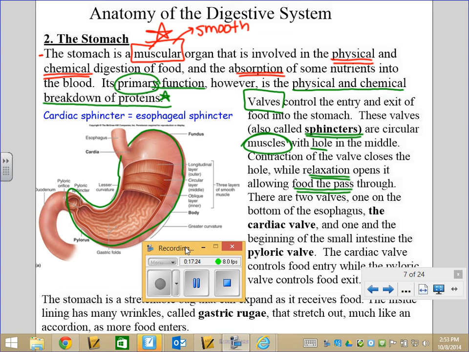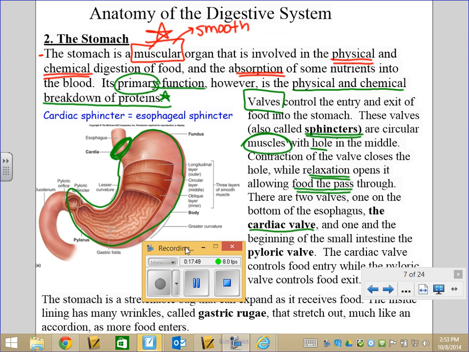Now there are two valves, one on the bottom of the esophagus, right about here. That valve is called the cardiac valve. And more commonly, especially recently, we're calling it the esophageal sphincter or esophageal valve.